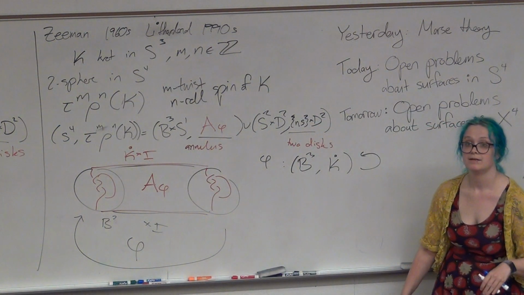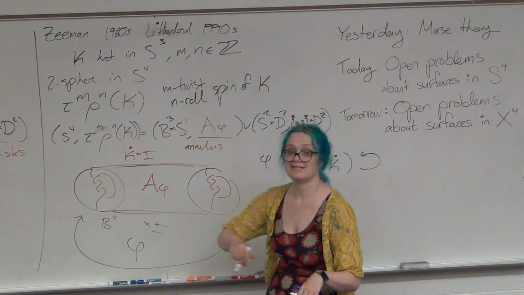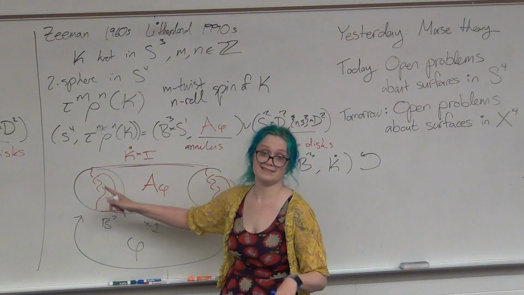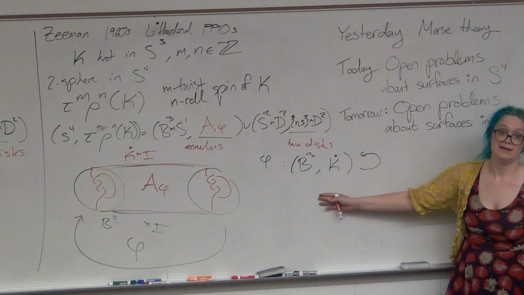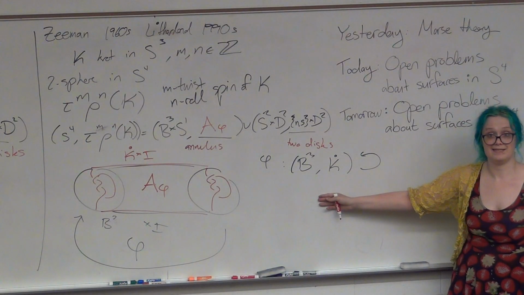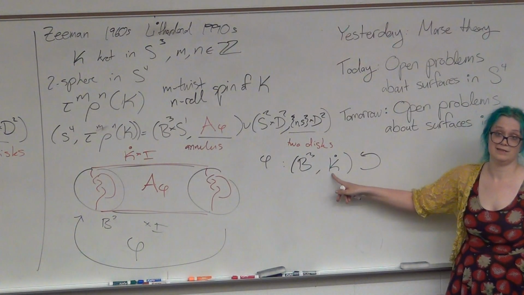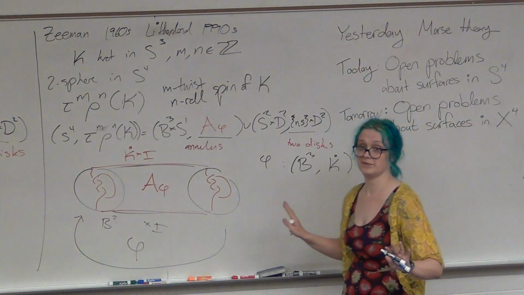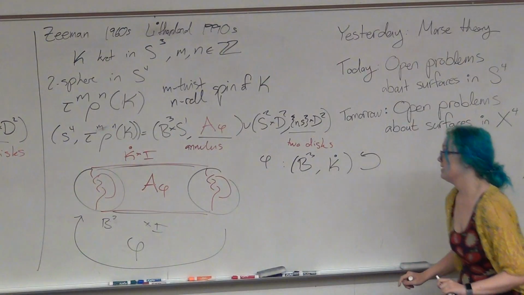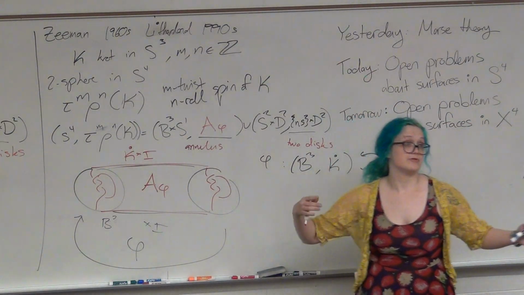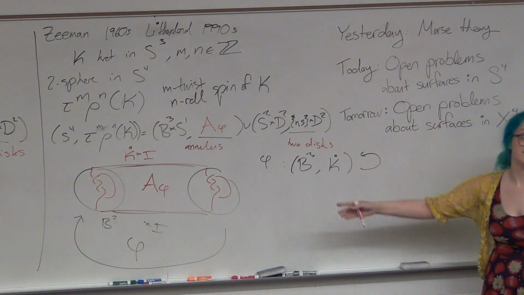But the isotopy to the identity does not need to fix this tangle. Now I'm considering homeomorphisms of this pair. I don't expect this to be isotopic to the identity relative to this tangle. I'll give you an explicit example of some that are not isotopic to the identity relative to the tangle. If my knot happens to admit a lot of extra symmetry, there might be many choices of phi.